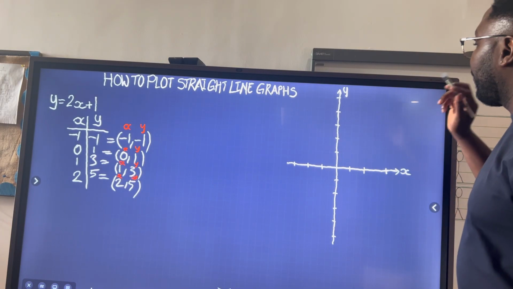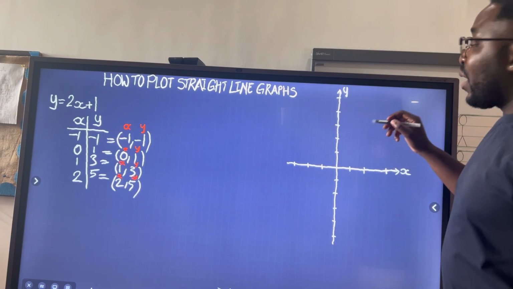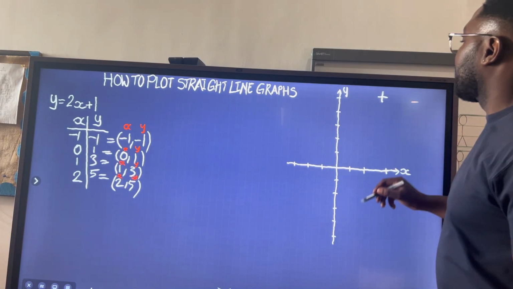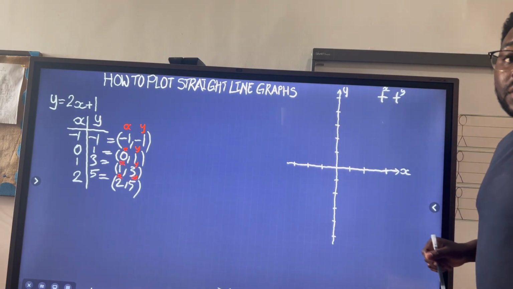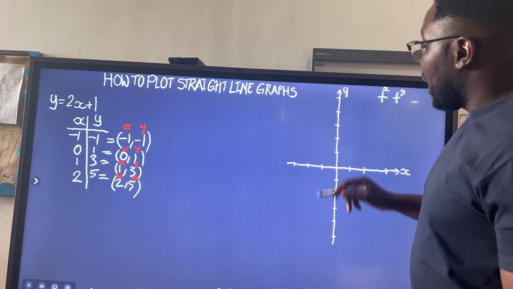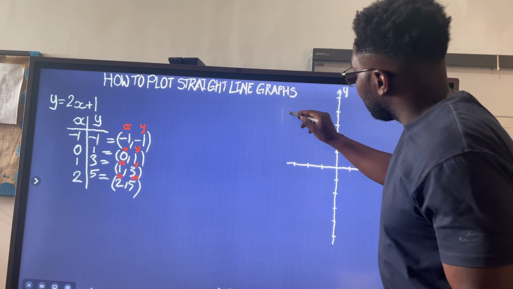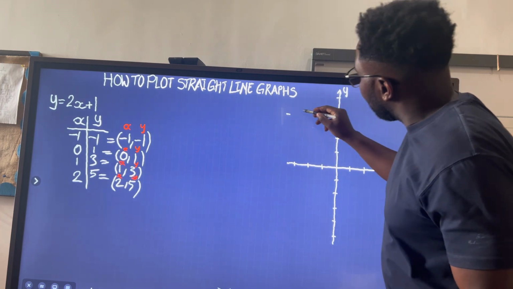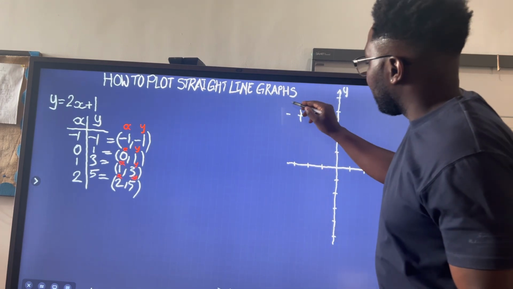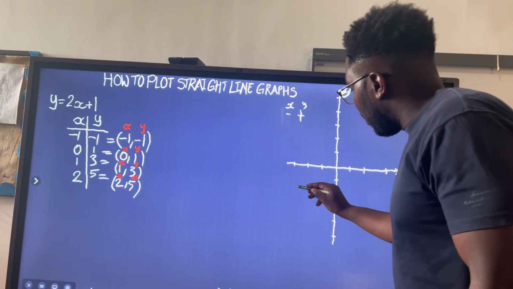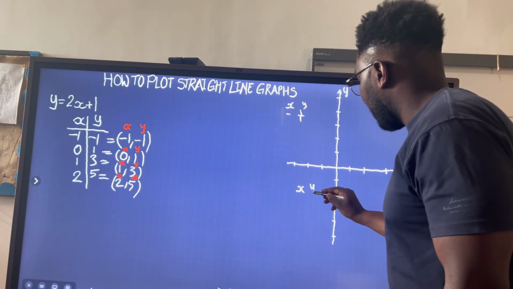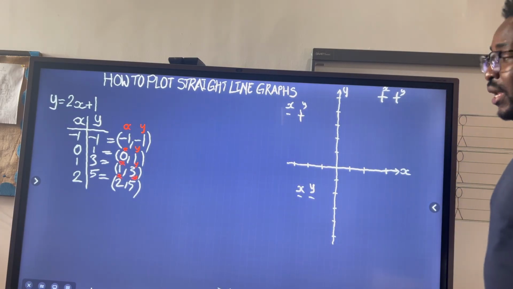In our first quadrant, our x and y values are positive. In our second quadrant, our x value is negative and my y value is positive. In my third quadrant, both the x and y values are negative.